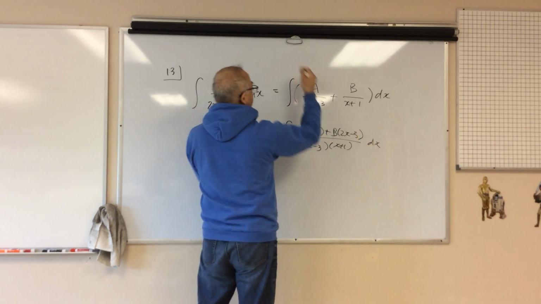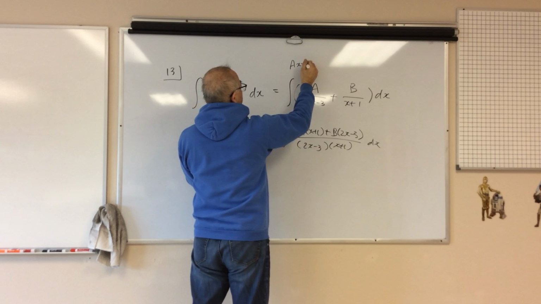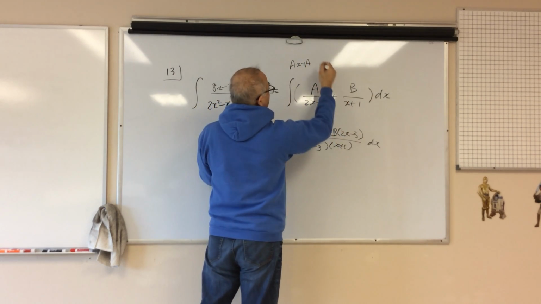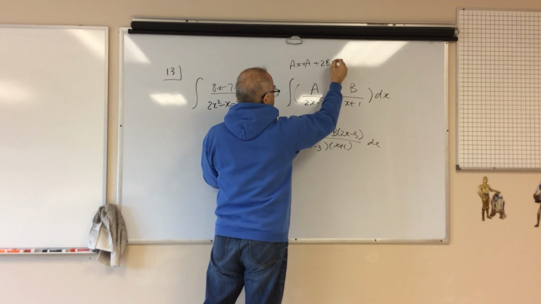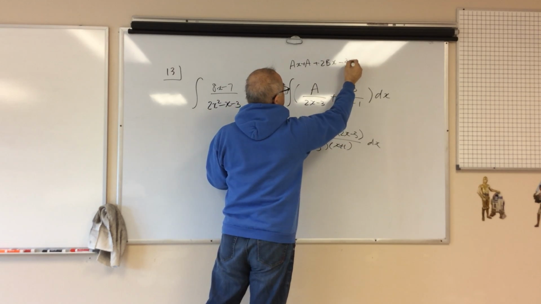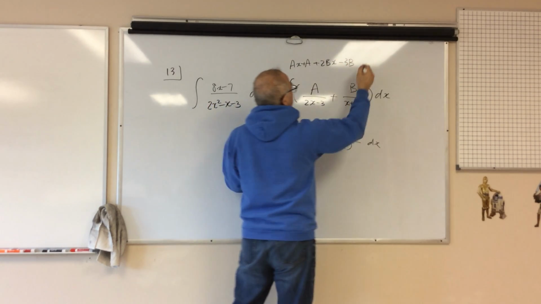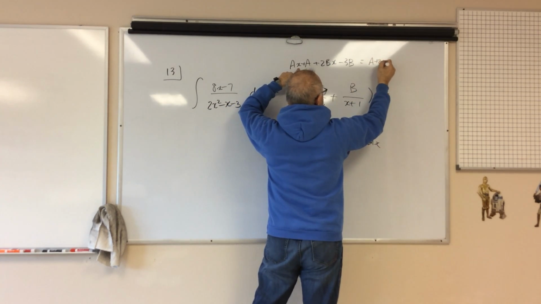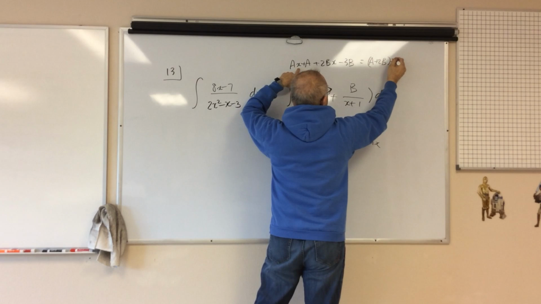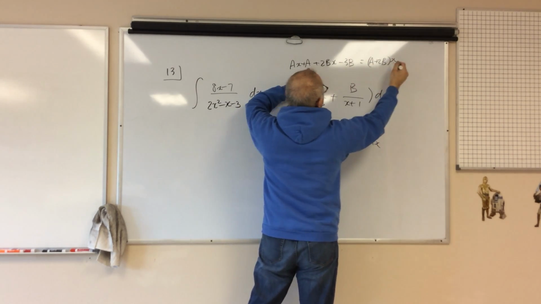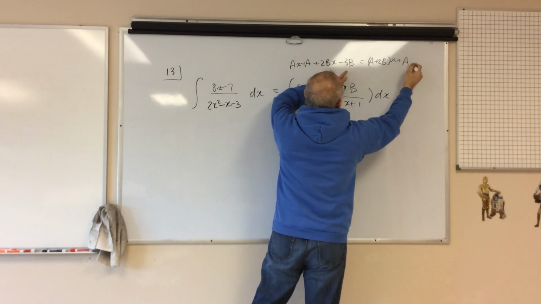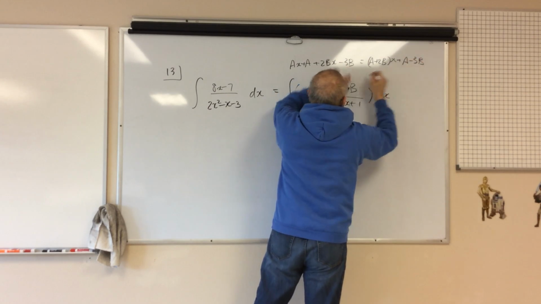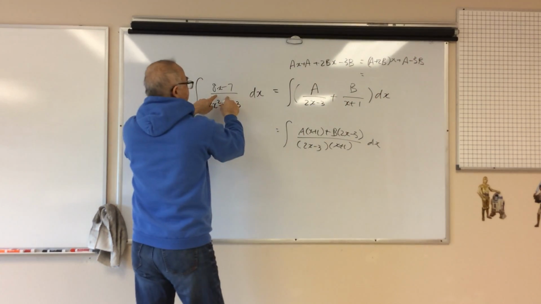So I'm going to get ax plus a, 2bx minus 3b. And as we did yesterday, we're going to combine the x terms: a plus 2b times x, plus a minus 3b. And this has to be equal to 8x minus 7.